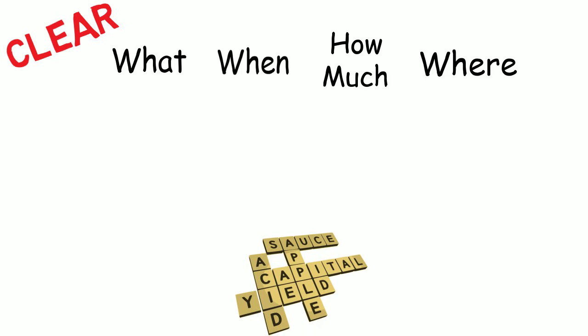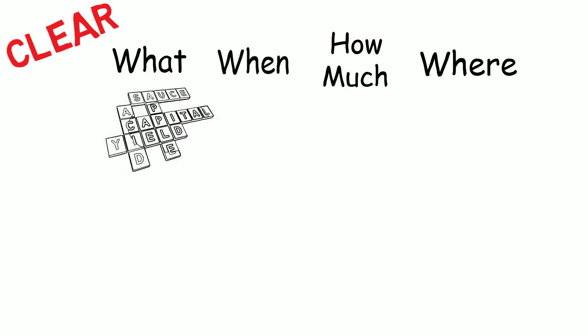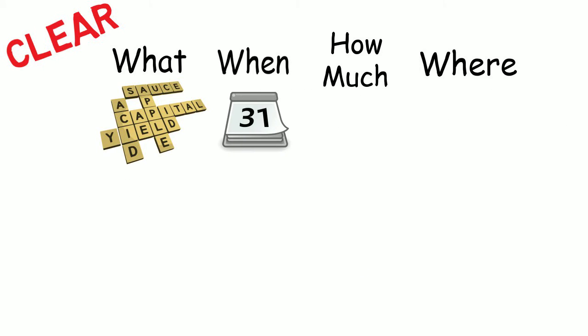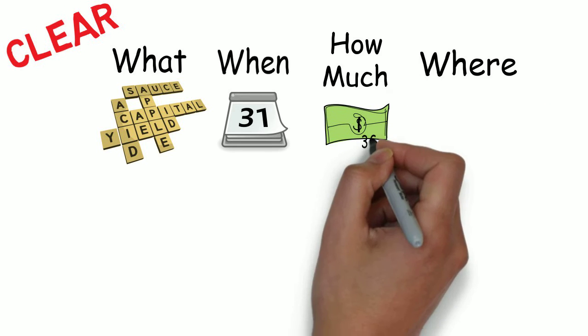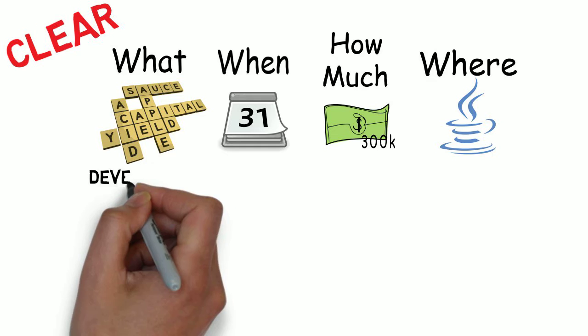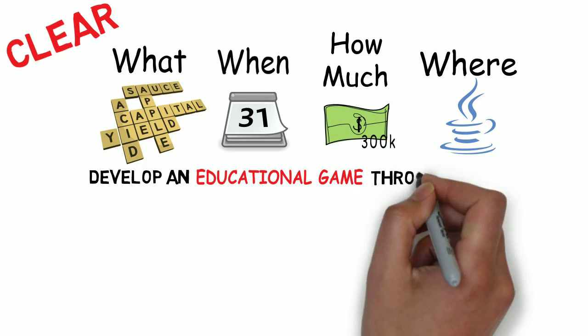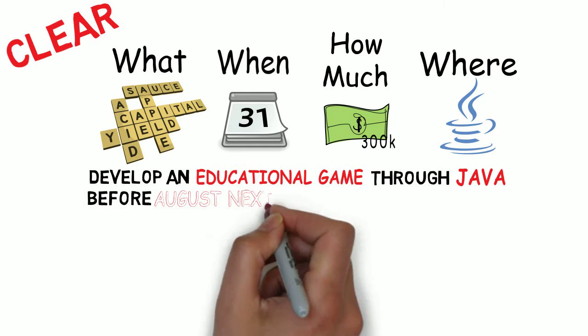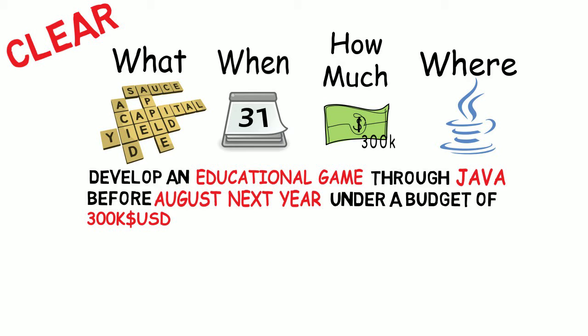For example, let's assume a gaming company wants us to help develop a simple educational game which needs to be released before the school season next year. Our budget for this project is $300,000 and our coding program is Java. The project objective would answer all the previous questions, so it would go like this. Develop an educational game through Java before August next year under a budget of $300,000.